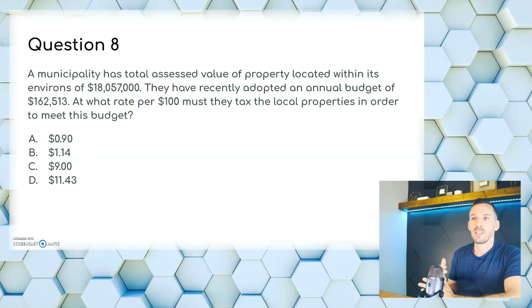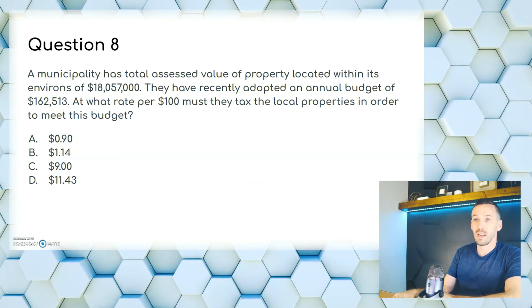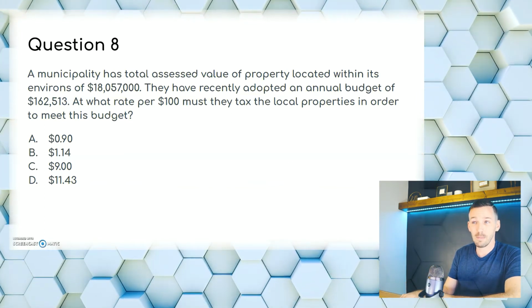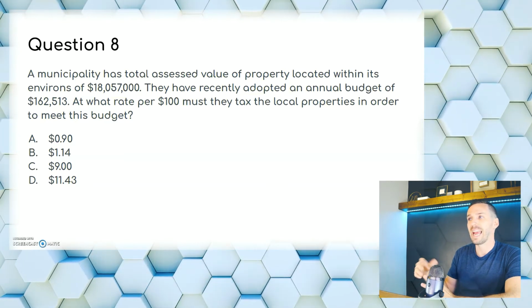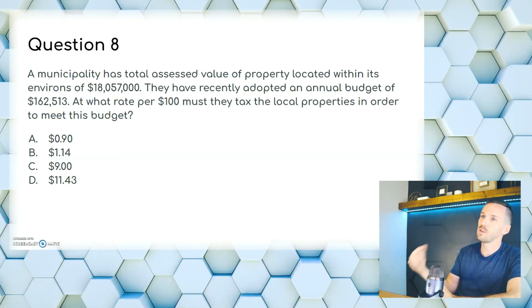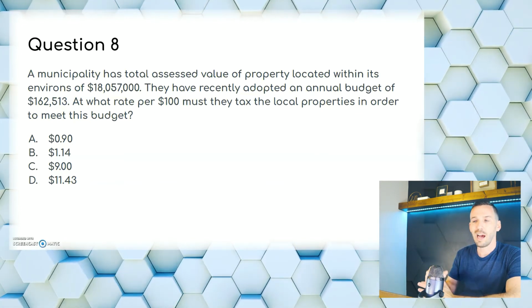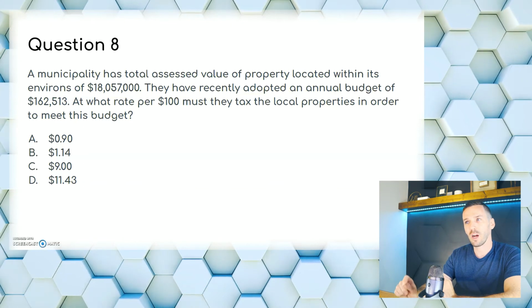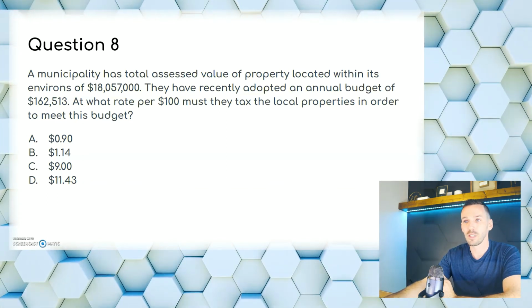Question 8. A municipality has total assessed value of property located within its environs of $18,057,000. They have recently adopted an annual budget of $162,513. At what rate per $100 must they tax the local properties in order to meet this budget?